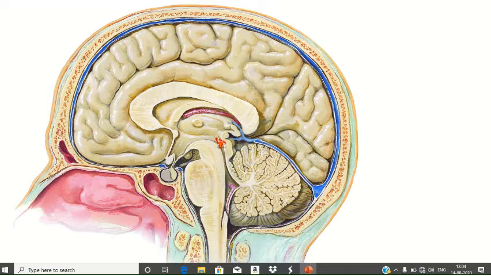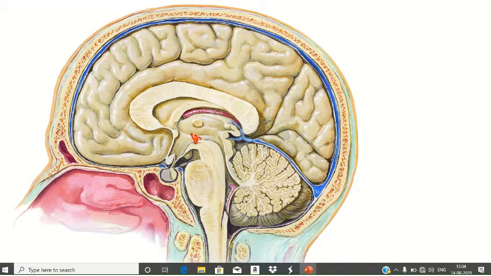This hypothalamic sulcus separates each half of the diencephalon into two halves: a ventral part, and behind that, the dorsal part. So the hypothalamic sulcus divides the diencephalon into a ventral part and a dorsal part.